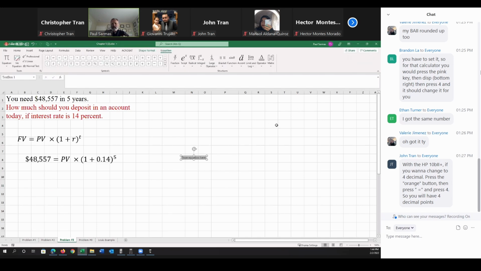Very easily, you will say the present value, you're solving for present value, is equal to 48,557 divided by 1 plus 14% to the power 5.